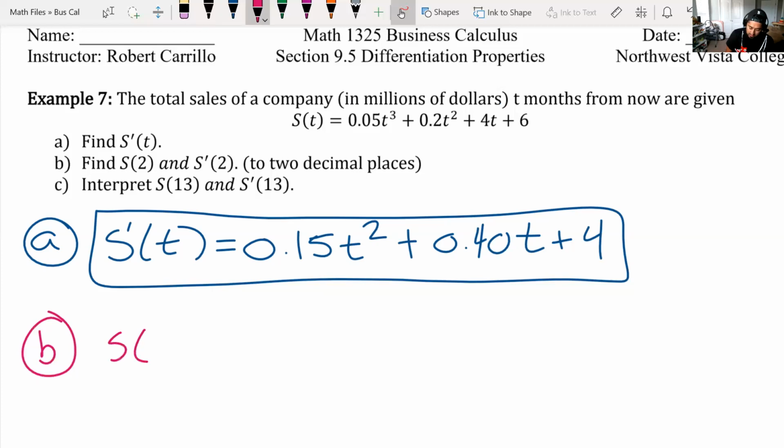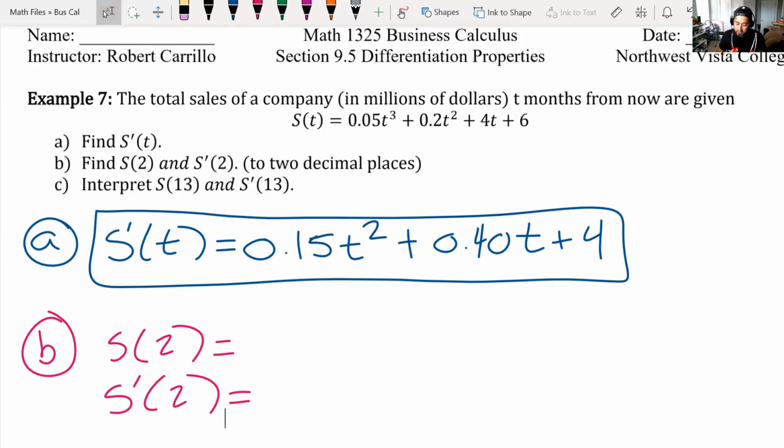Take 2 and plug it into the original function, and take 2 and plug it into the derivative. And then we can probably do C as well, because it says plug in 13 to the original, plug in 13 to the derivative, and interpret what they mean. Okay, so let's just do them all together.